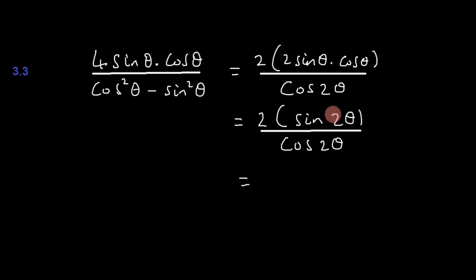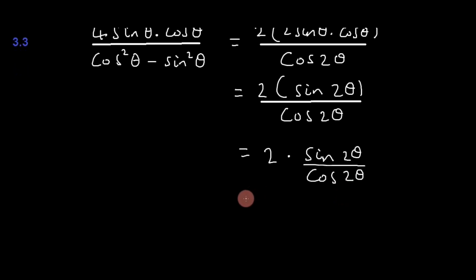So we can rewrite this fraction as 2 times the sine of 2 theta over the cos of 2 theta. And this is a quotient identity. Remember, sine over cos is tan. So this reduces to 2 times the tan of 2 theta.